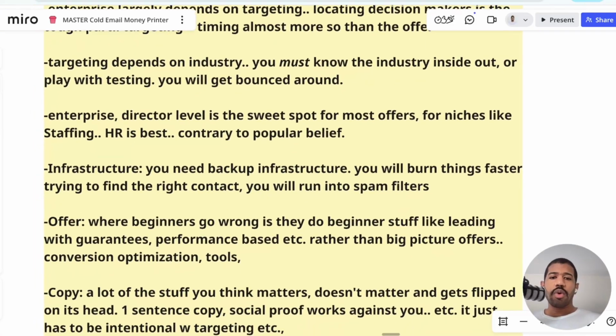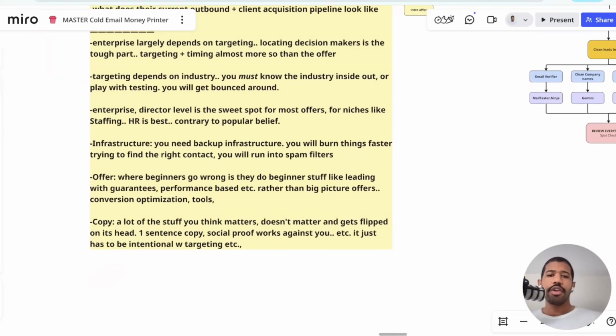So where beginners go wrong, and I'm trying to deviate from beginner content, however, I was a beginner not too long ago. Where beginners go wrong is they do beginner stuff, like leading with guarantees.